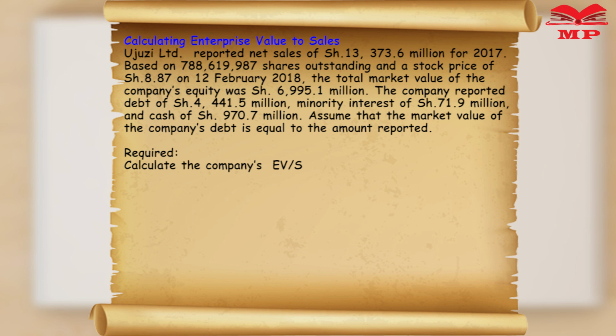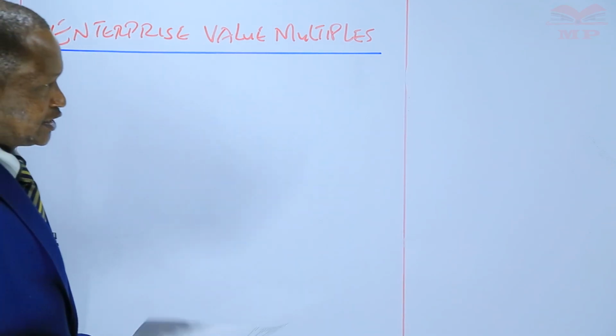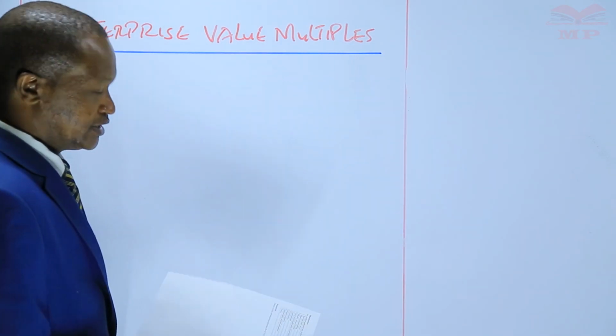The company reported debt of 4,441.5 million. Minority interest was 71.9 million, and cash was 970.7 million. Assume that the market value of the company's debt is equal to the amount reported. Calculate the company's EV/S, the enterprise value to sales ratio.